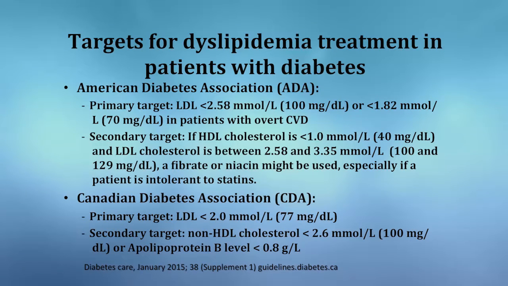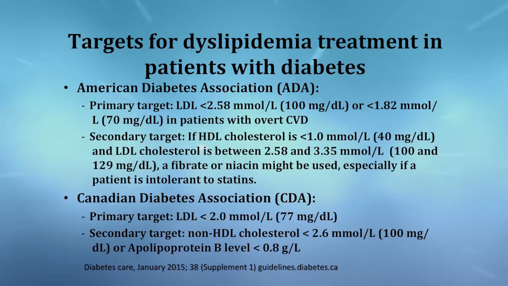For secondary prevention, you push it further, to an LDL between 2.5 to 3.35, which is around 100 to 129 milligram per deciliter. If you can't reach that, you might use fibrate or niacin, especially in patients who are intolerant to statin.